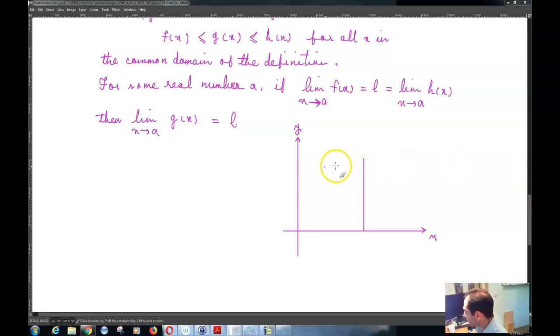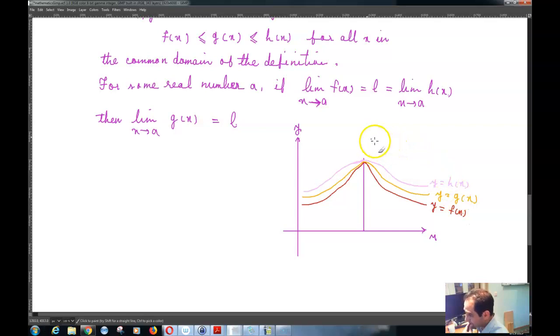Let's say this is the function y is equal to h of x, and suppose that you have this function over here, y is equal to g of x, and over here you have y is equal to f of x.